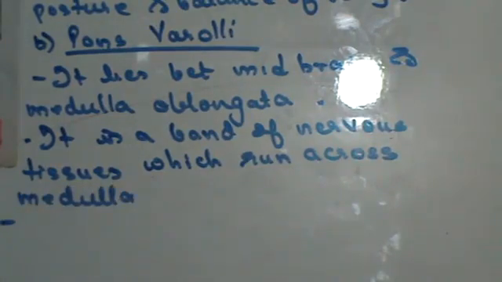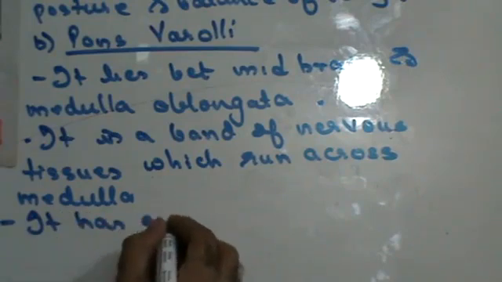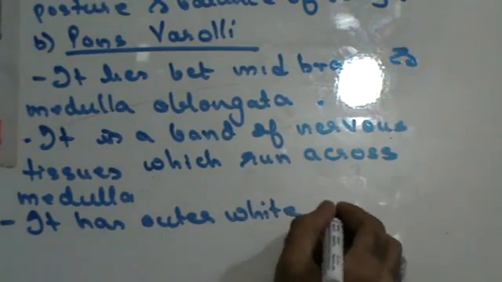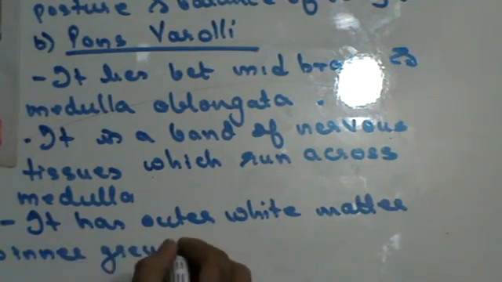Right? Now it has outer white matter and inner grey matter. It's the other way around, okay? It has outer white matter and inner grey matter.